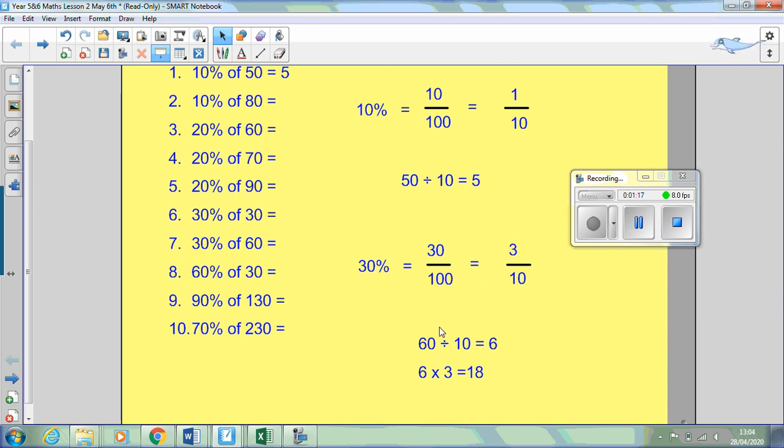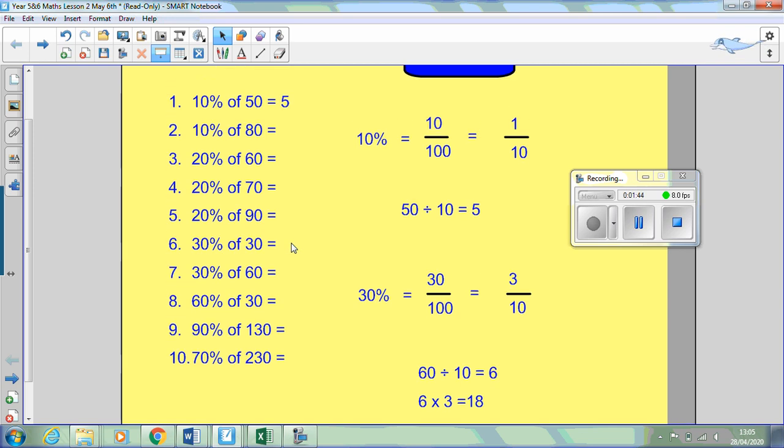So we still find 10% or 1/10, and we do 60 divided by 10, which equals 6. But we don't want to find 10%, we want to find 30%, and 30% is 3 times as big as 10%. So we have to multiply 6 by 3 to get the answer of 18. So 30% of 60 equals 18.